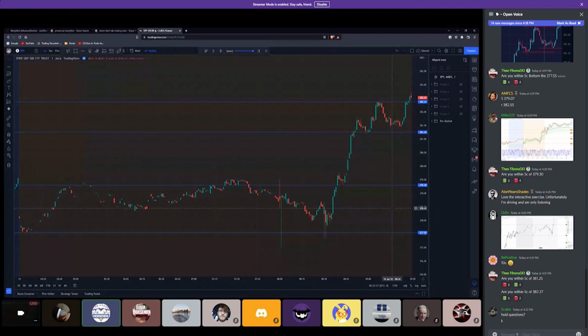Then at 381.25, same thing. You can see it acting as support about 8:48, 8:49, 8:50. I'm sorry, resistance. And then at 8:51, and again at 8:58, 8:59, 9 o'clock, 9:01, it acted as support.